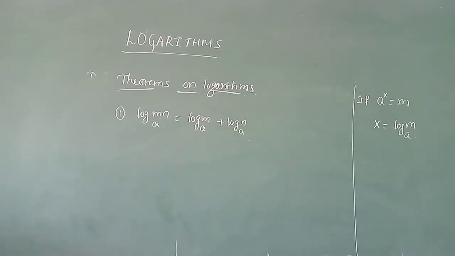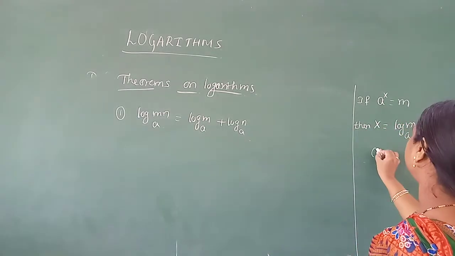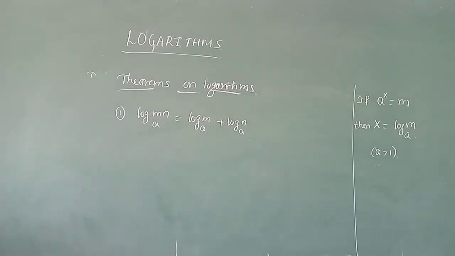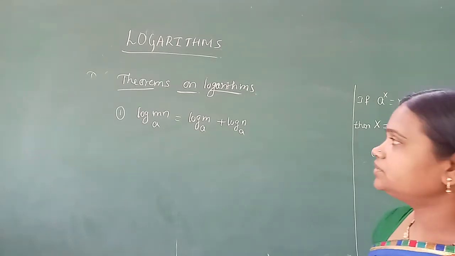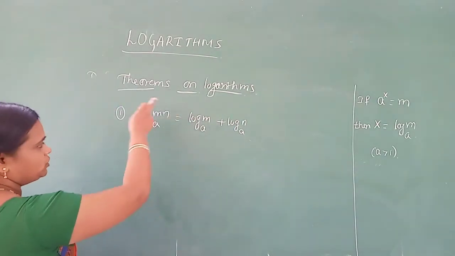We know that already. This is the definition. Correct? And the condition is a is a positive real number other than 1. Okay? And next, we want to prove this one.